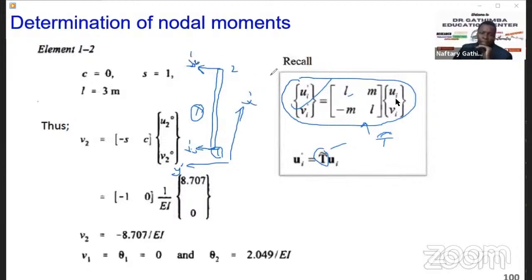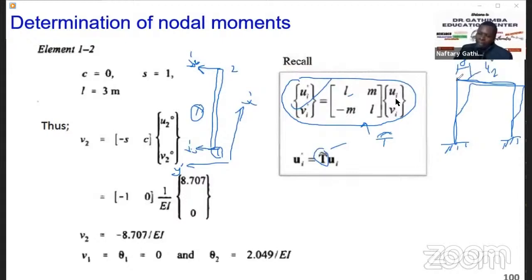in the local coordinate system, and you relate it with our frame, this is the displacement component here for the frame, which in this case was U2 global.